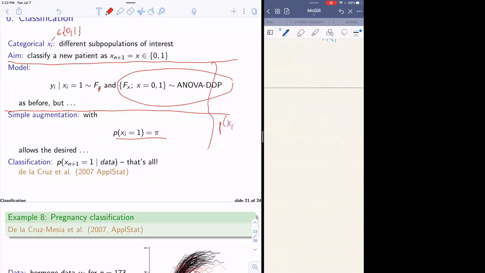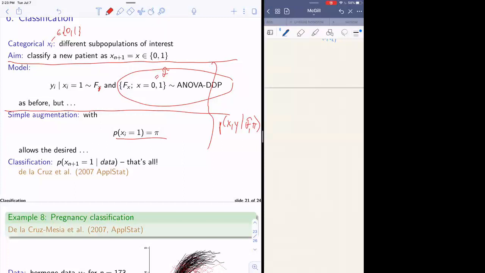You see that these two lines together give us a probability model for the pair X, Y, indexed by, let's denote with script F that pair of distributions, and pi is another parameter. On the basis of the observed data, like the recorded women, we can get a posterior distribution on script F and pi, and then we get posterior predictive inference for a future patient.